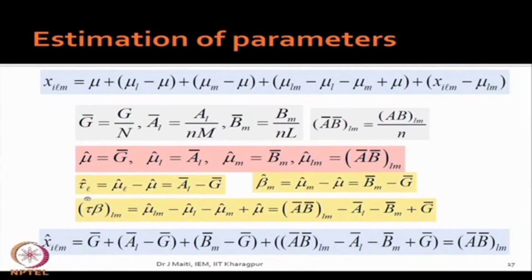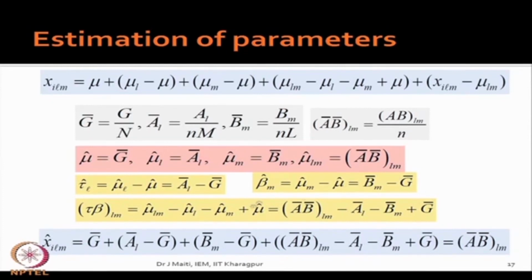Then tau_L will be mu_L cap minus mu cap, that is A_L bar minus G bar. So, similarly, beta_M you are also calculating, similarly the interaction effects you are calculating.